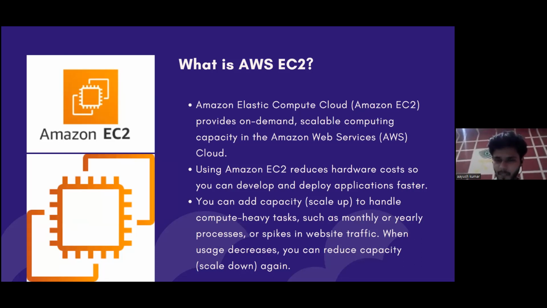EC2 reduces the hardware cost, as we do not need to maintain any physical hardware for the servers. What we do in EC2 is just create a virtual server, and this server will be hosted on the data centers provided by EC2. Amazon is going to manage those data centers. We are just going to pay for what we use.